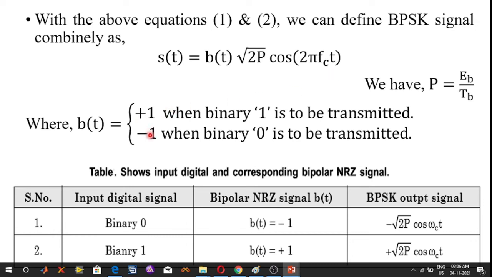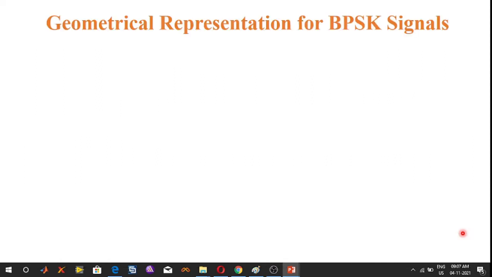Substitute b of t equal to minus 1, which means binary symbol 0 is to be transmitted, the resultant carrier signal is s of t equal to minus square root of 2P cos of 2 pi fct. In that equation, the phase angle is 180 degrees. And that is the mathematical expression of coherent binary phase shift keying.